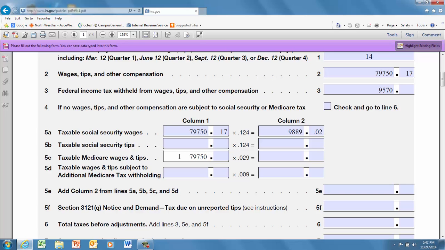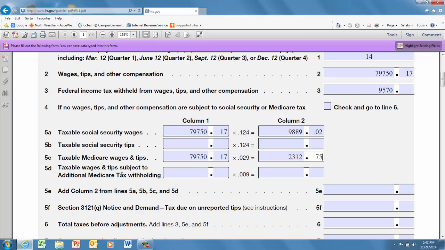We have to tab over, put the 17 cents. Okay? And notice that we're multiplying that by 0.029, which is 0.0145 times both the employee and the employer. So we get 2,312 and 75 cents. Okay?